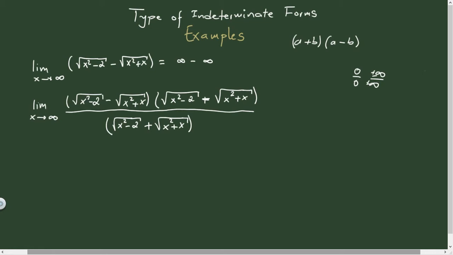So now we're going to multiply everything. It's going to give us the limit as x tends to infinity. When you take the square root of x to the power 2 minus 2 times this one here, the same thing, it gives you x to the power 2 minus 2.